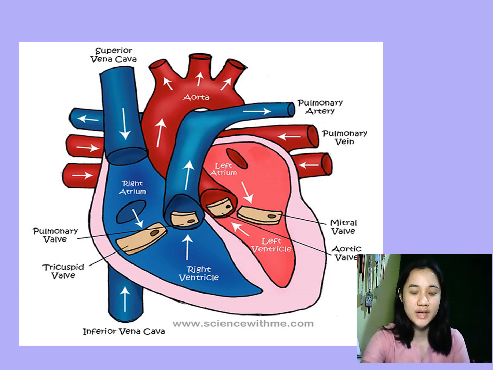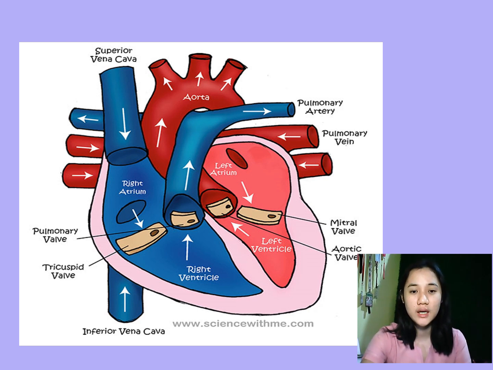Familiarize ourselves with the different parts of the heart. Okay, so firstly, we have the superior and inferior vena cava. This part of the heart collects blood. Ito, galing to sa lower part ng katawan natin, going up. And then, superior vena cava naman comes from the upper part.